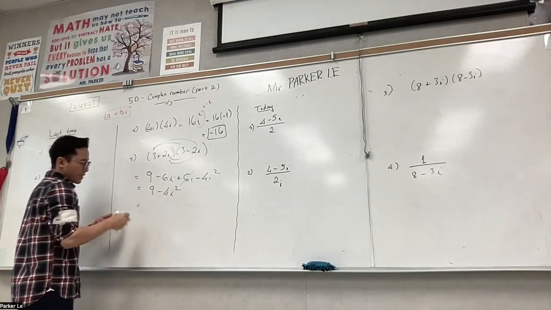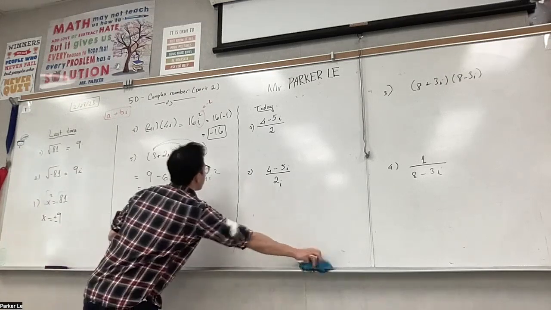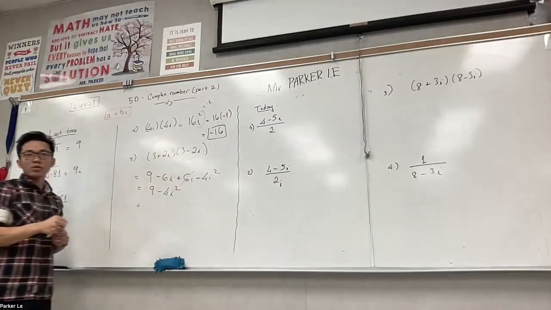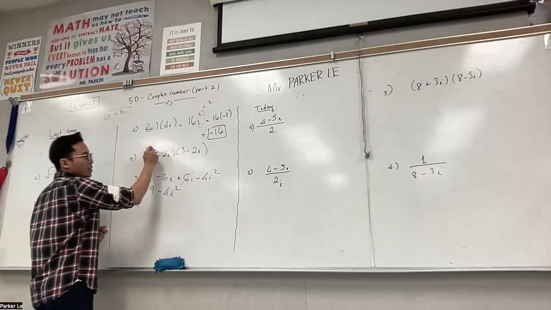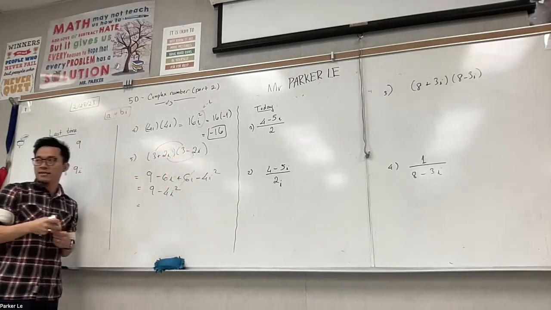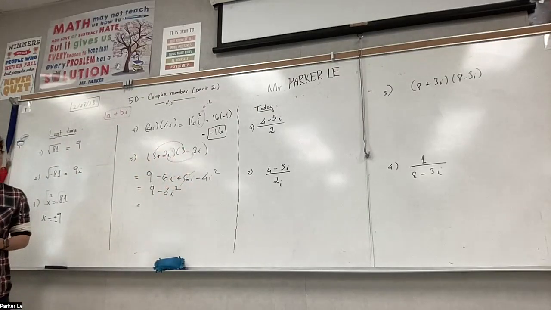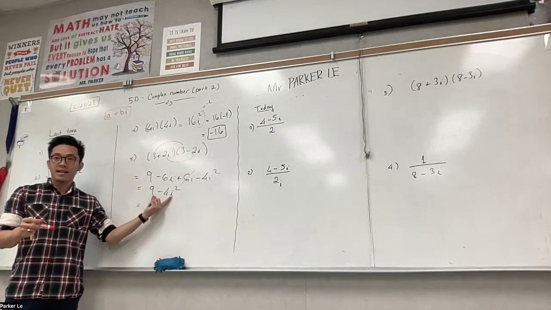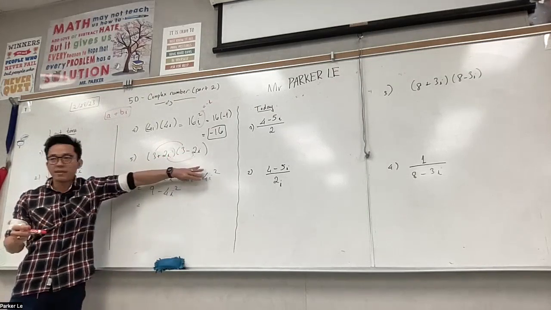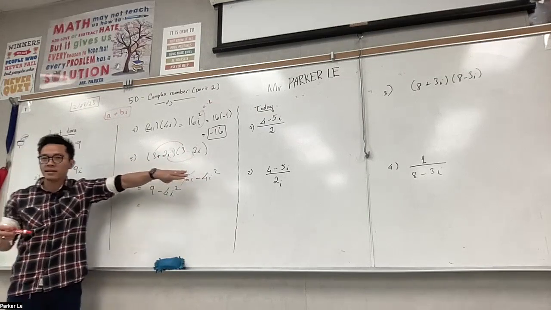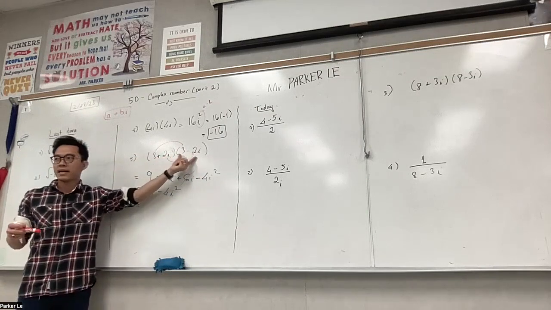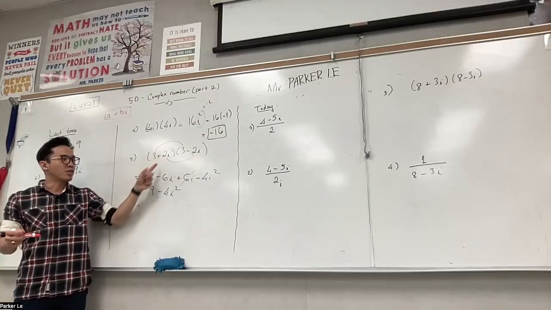What I meant is when you see something like this happen, with two same set of numbers, you don't need to multiply in the middle. What you can do is multiply front to front, back to back. Front to front, 3 times 3 is 9. Back to back, 2i times negative 2i is negative 4i squared. You don't need to go in the middle, and you don't need to go to this step. When you see two numbers exactly the same, just different in sign, then you don't need to do FOIL.